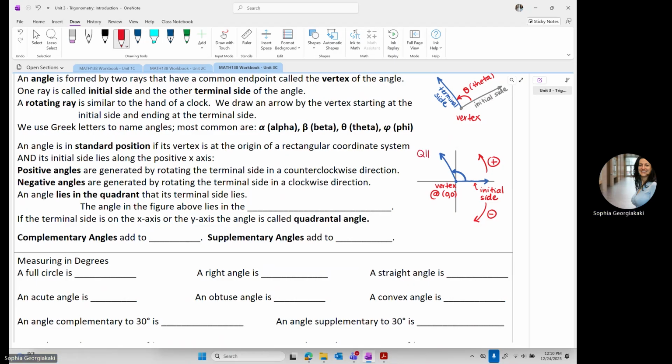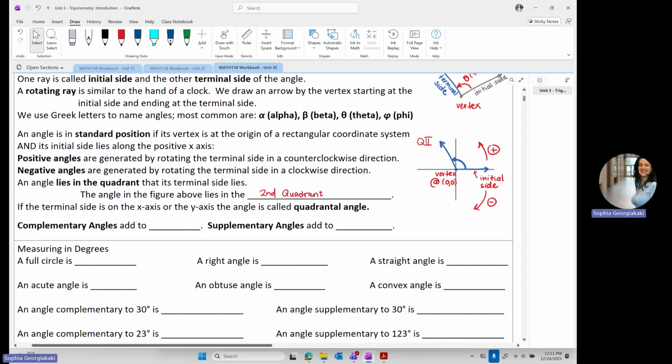Therefore, this angle is an angle that lies in the second quadrant. If the terminal side is on the x-axis or the y-axis, the angle is called a quadrantal angle.